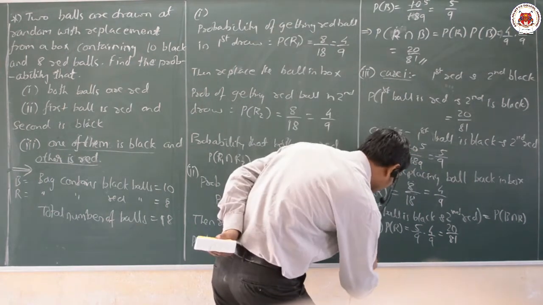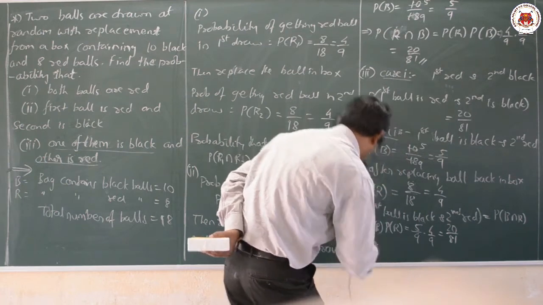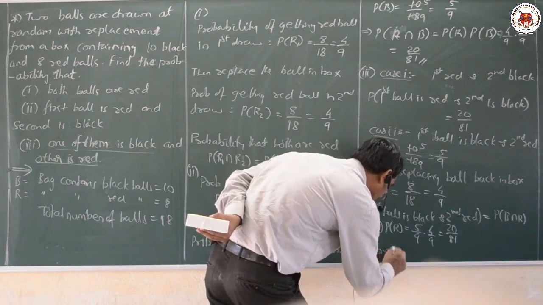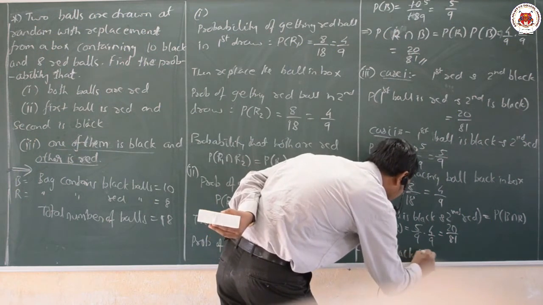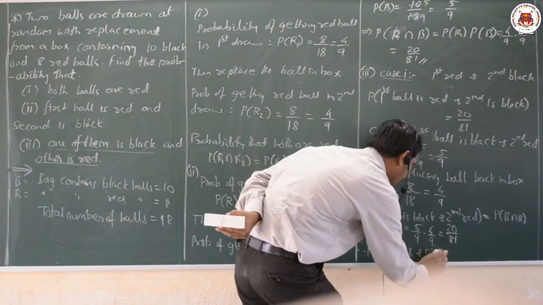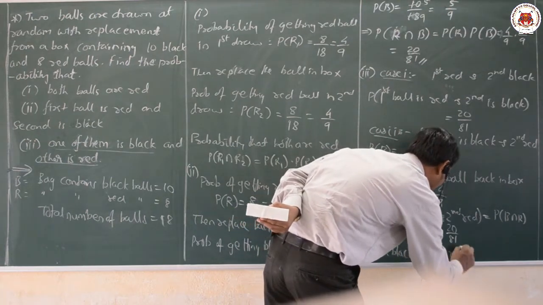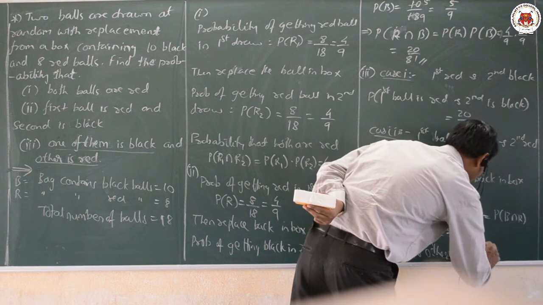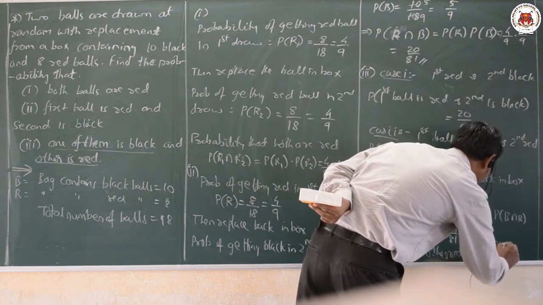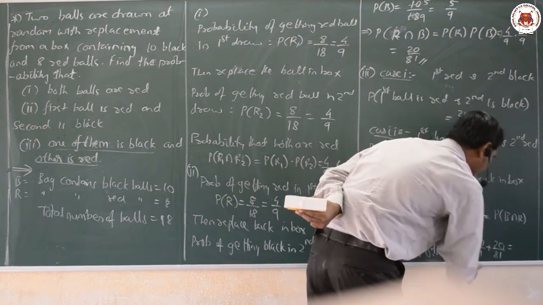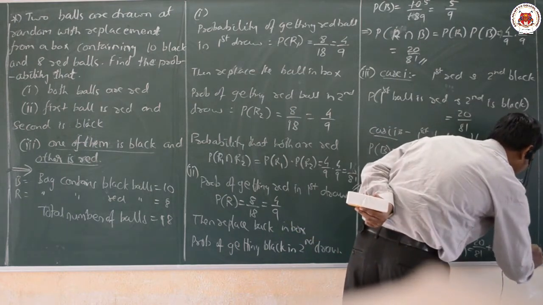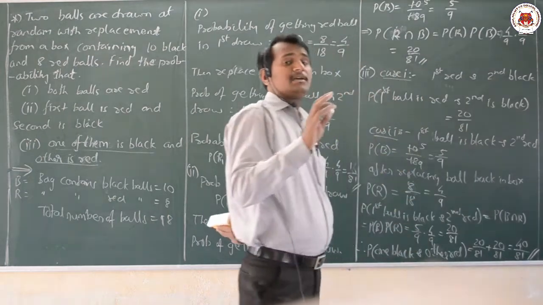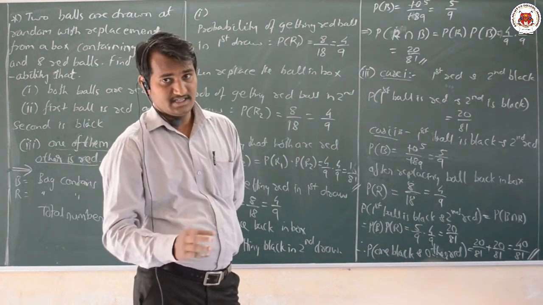Therefore the probability of one black and other red is given by 20 by 81 plus 20 by 81, and we can observe that the value is nothing but 40 divided by 81, and hence that is our required result here.